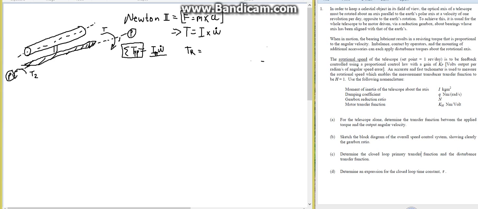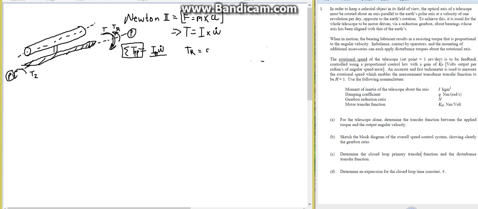There's a resistant torque countering this applied torque rotation, and this counter torque, the torque resistance, is actually the lubrication resistant torque applied. So that's the hint given there. So therefore we would say that there would be a dampening occurring to the rotation of this telescope.